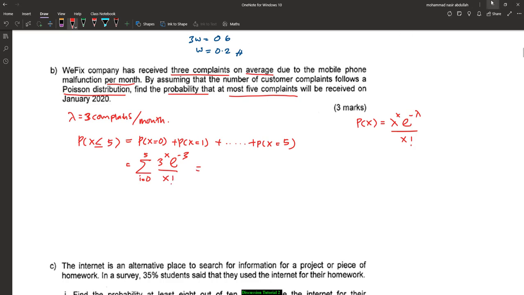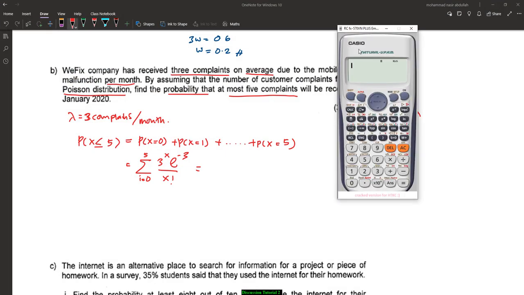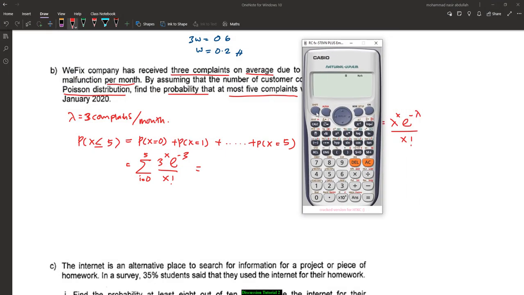So what is the answer? Where is my calculator? So what is the answer? Put into the calculator, right? So this one should be 3 power of x exponential negative 3 divided by x factorial, from 0 to 5.